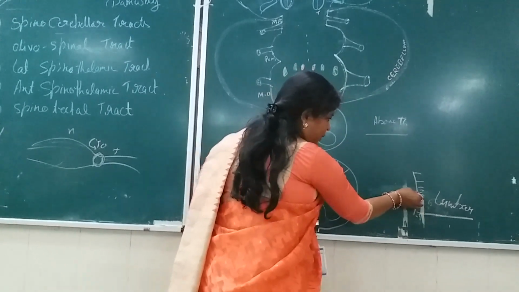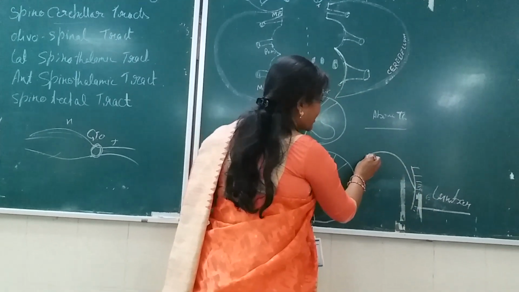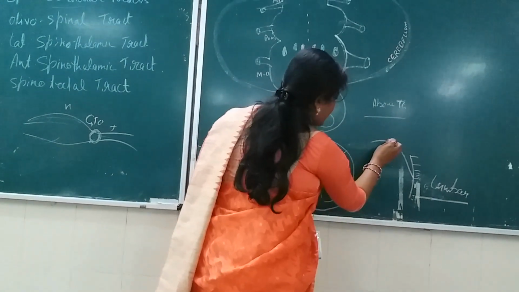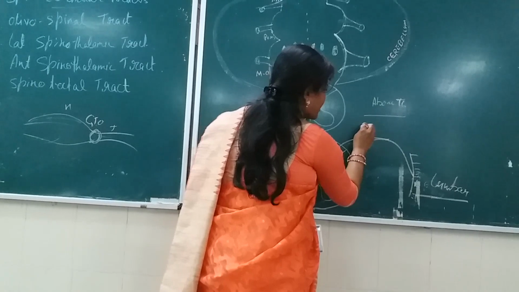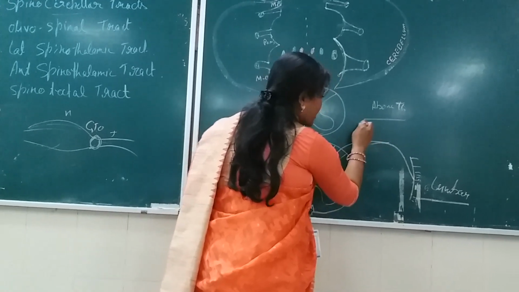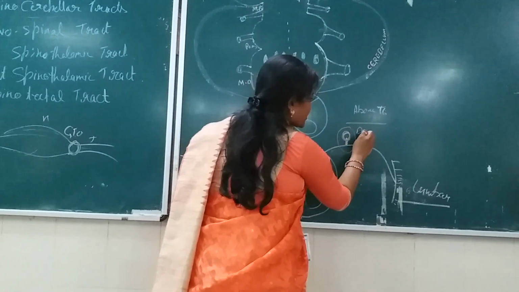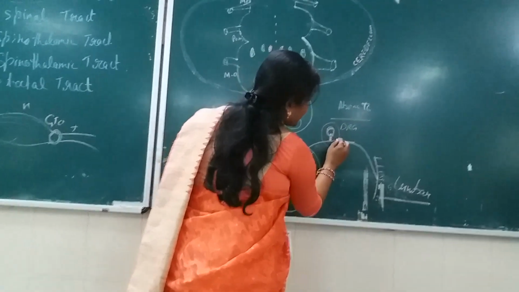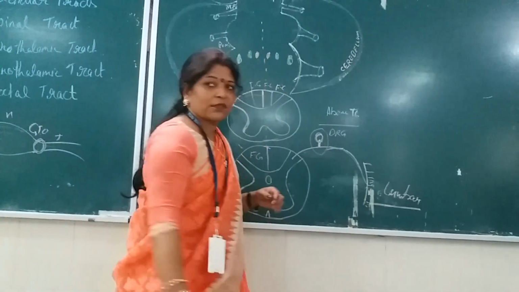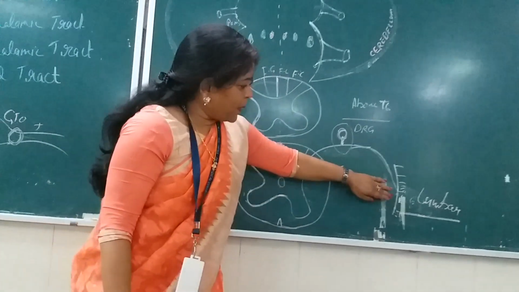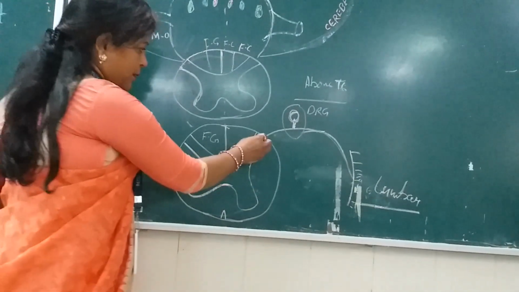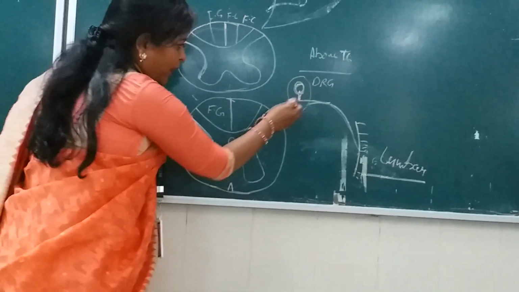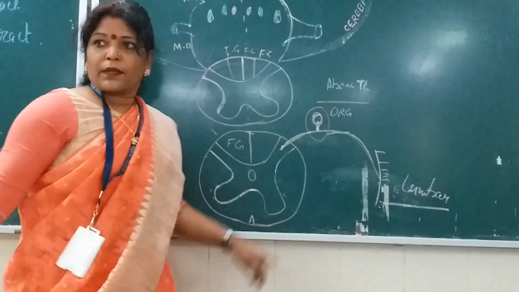Okay. By the peripheral process, where it is here, it is the dorsal root ganglia. It is the peripheral process which is receiving the impulse, the sensation from the receptors, passing to the posterior gray horn via its central root, isn't it?